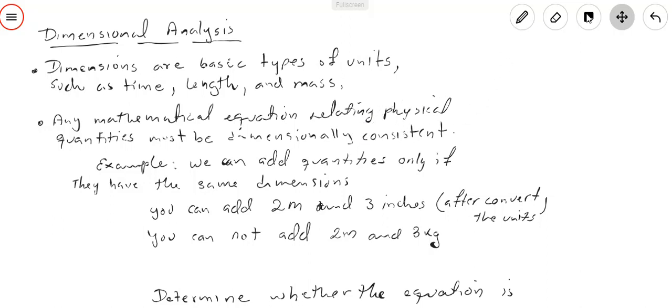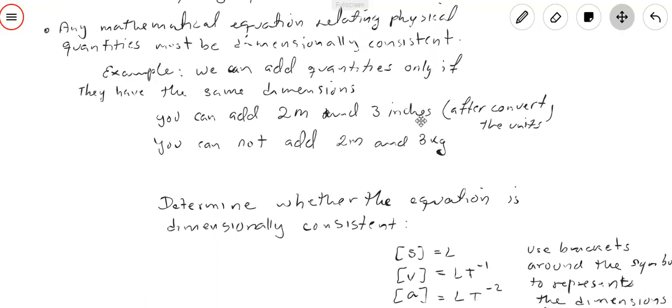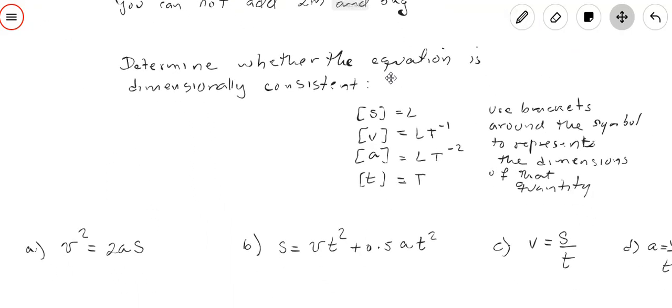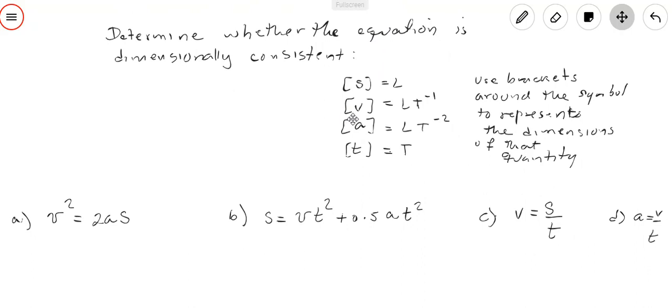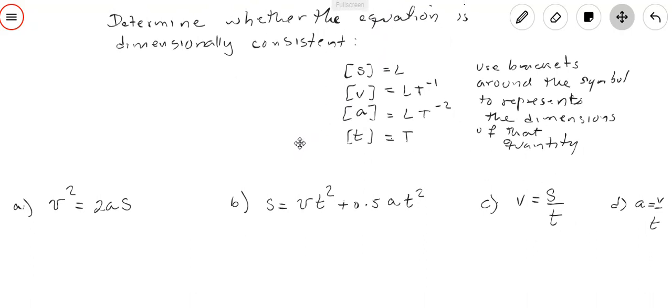In the examples I will give you here, they say determine whether the equation is dimensionally consistent. And they give us here in brackets some symbols that are representing the dimensions of that quantity.